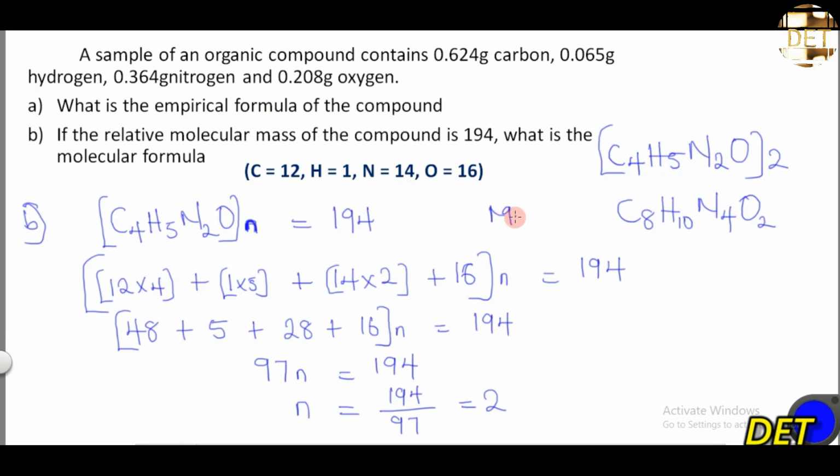So this is the molecular formula of this compound. It is equal to C8H10N4O2. And this compound is caffeine. This is the molecular formula of caffeine.